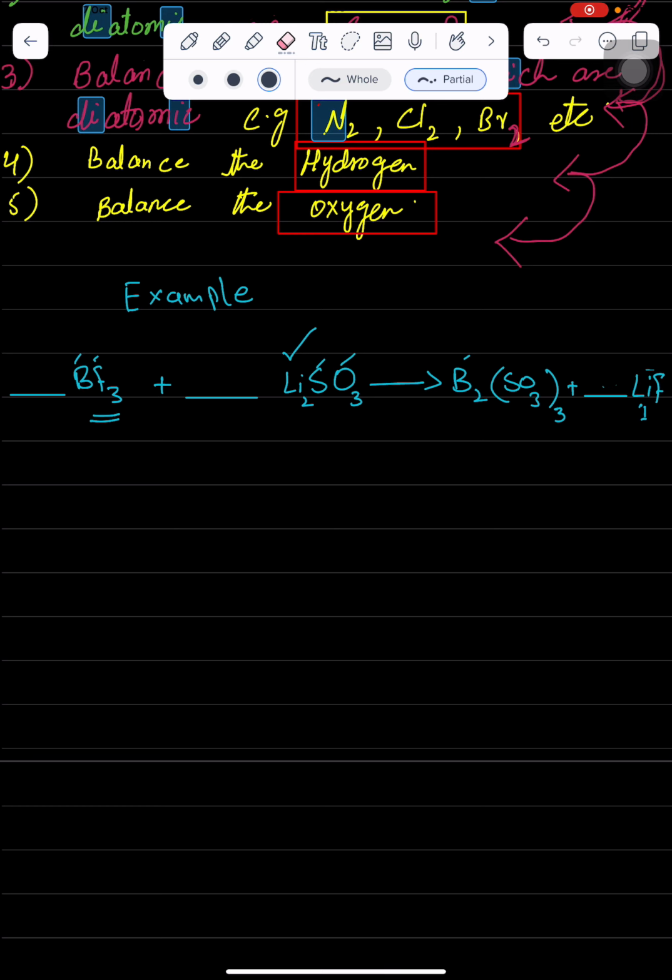You have to try 2, 3, 4, but I'm going to do it directly. Here we will have 6, here 1, here 3, and here 2. Now we can see that this is a balanced equation.